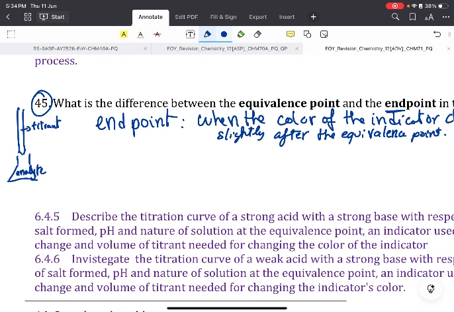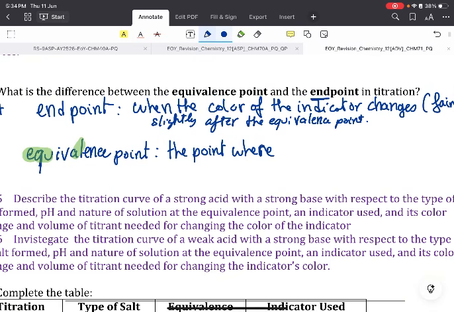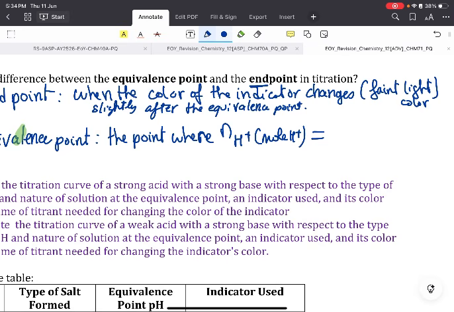Now, equivalence point, what does it mean? The word equivalence is coming from the word equal. Who's equal? It's the point where H plus, we're talking about acid and base, where the moles of H plus became equal to the moles of OH minus.